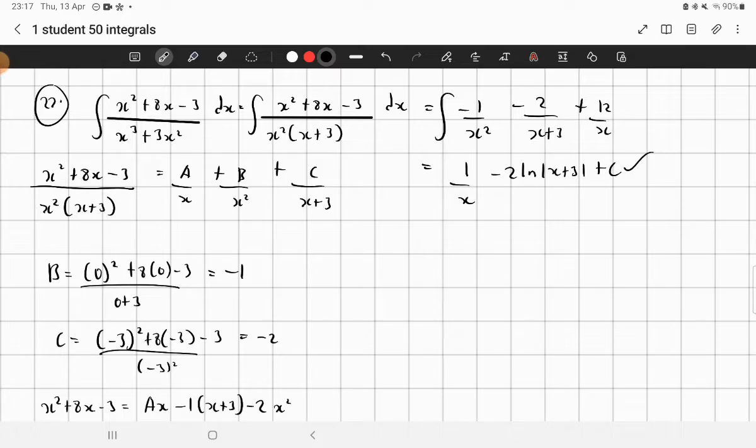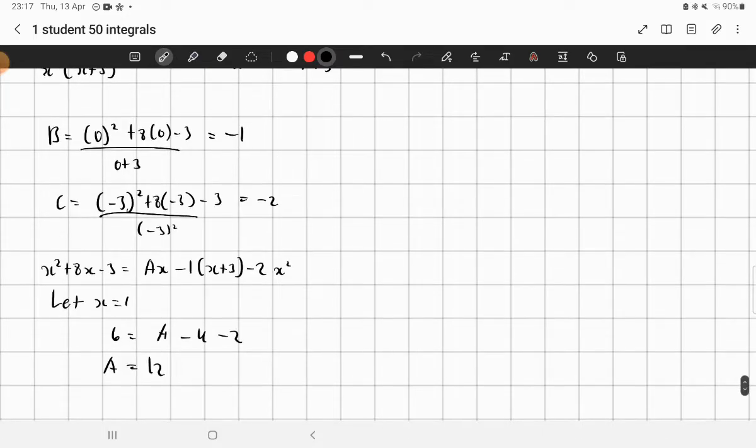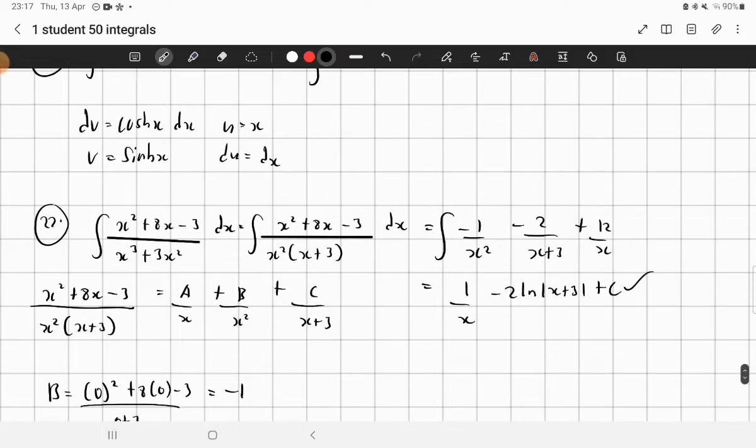But let me recalculate something first. Oh, is it? Sorry, -3 squared plus 8 times -3. Yeah, -2, literally. How did I obtain 3?